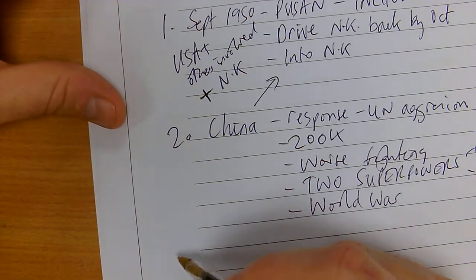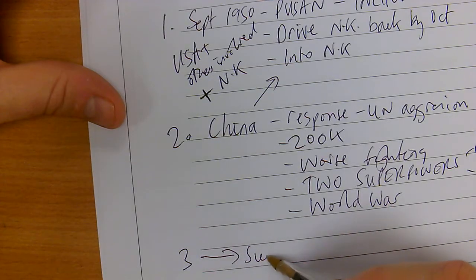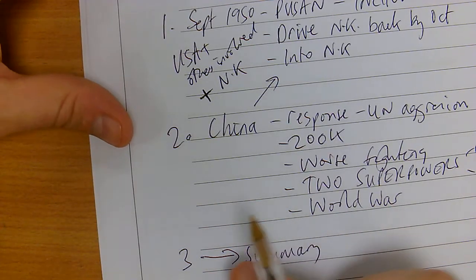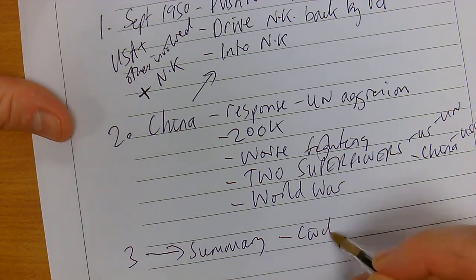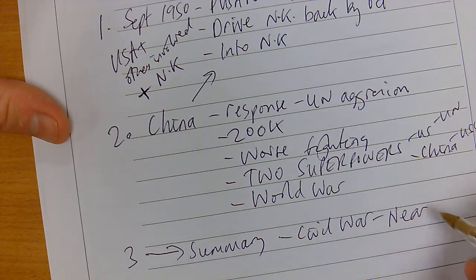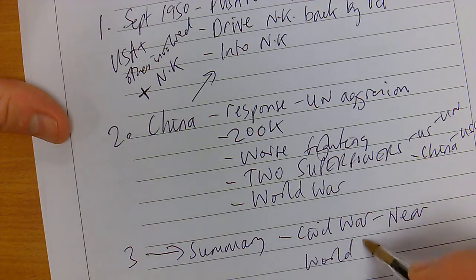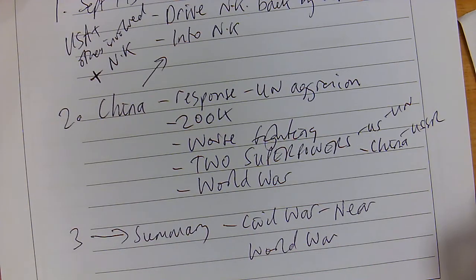And the only other thing I could do as a third thing is I could have some sort of summary at the end which just explains how it goes from a civil war to a near World War, and we could even mention, of course, our old friend MacArthur, who wants to use nuclear bombs, couldn't we?